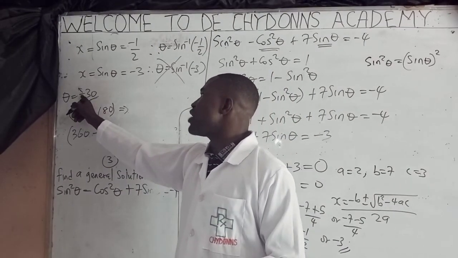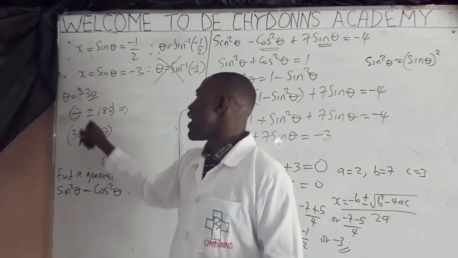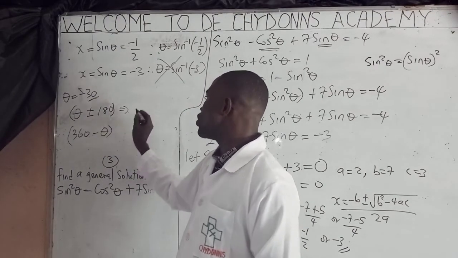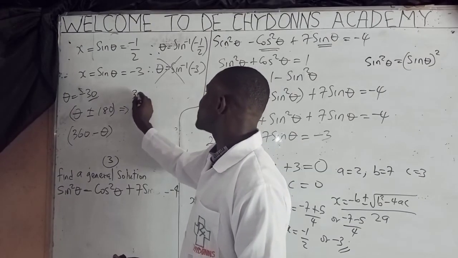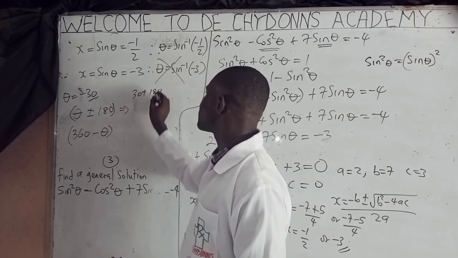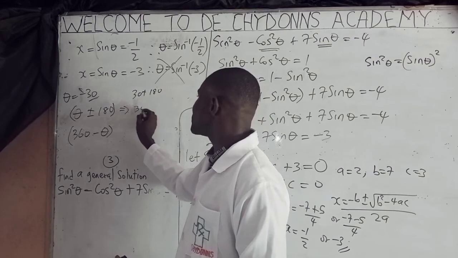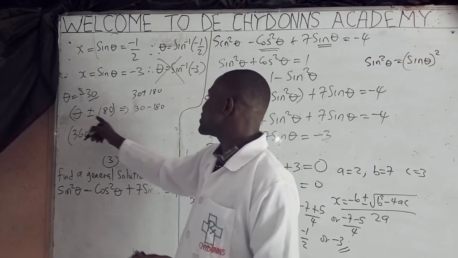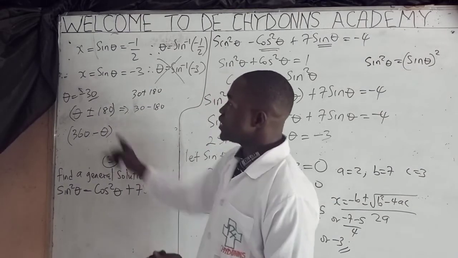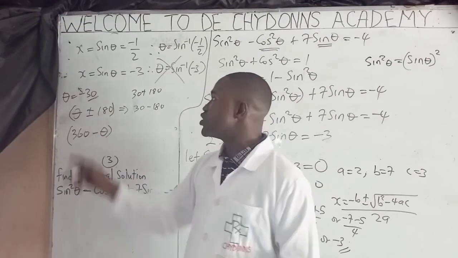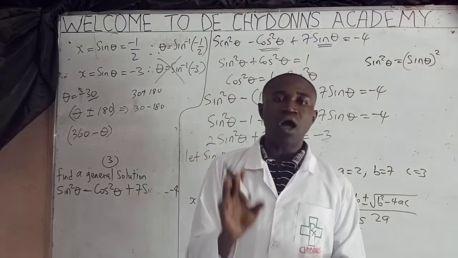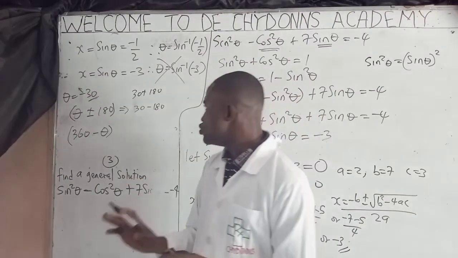You have used the minus to know where to go, third and fourth. So take the 30 only: first value, 30 plus 180, and next value, 30 minus 180. That is the meaning of plus or minus. Please do not include this minus. If they ask you why, say it's because you use the minus to know the quadrant you go to.